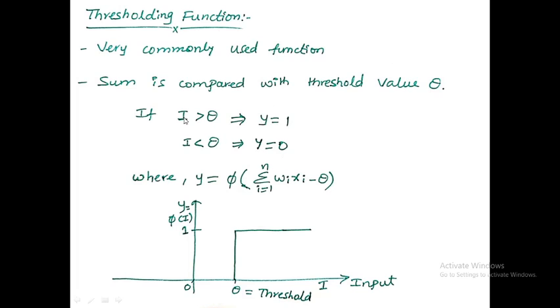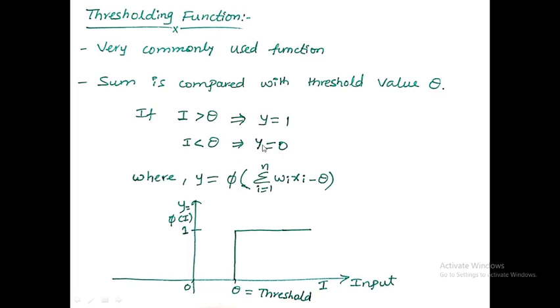The weighted value capital I is greater than theta means summation wi xi is greater than theta, then the output is equal to 1. Else the output is equal to 0. Else is nothing but if capital I is less than or equal to theta, then y is equal to 0.